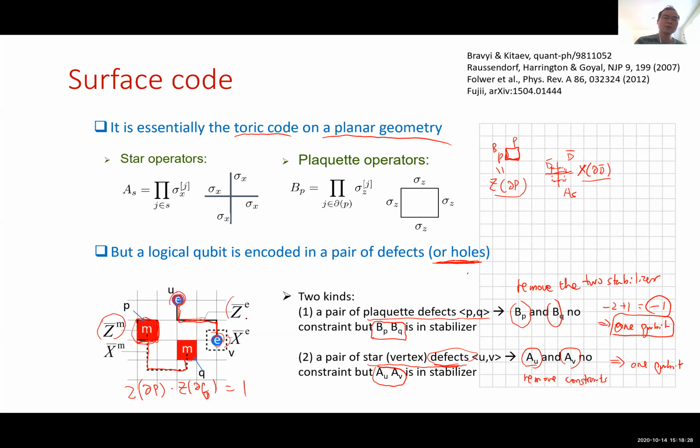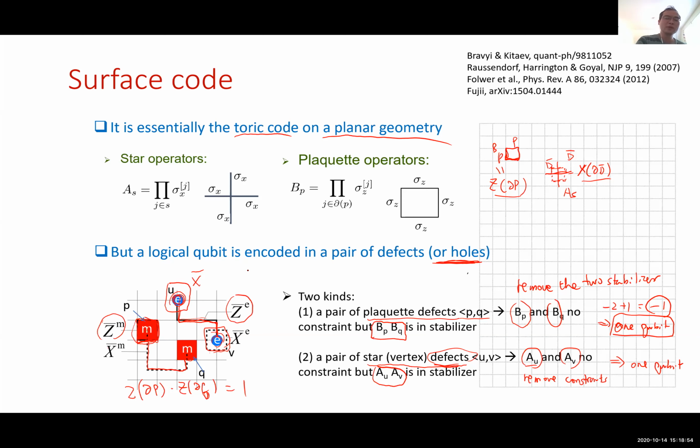So I want to choose this product of Z along this line as my logical Z, and the product of X surrounding the dashed line here as my logical X operator. You could also choose this as the logical X operator because they are equivalent in terms of code space.